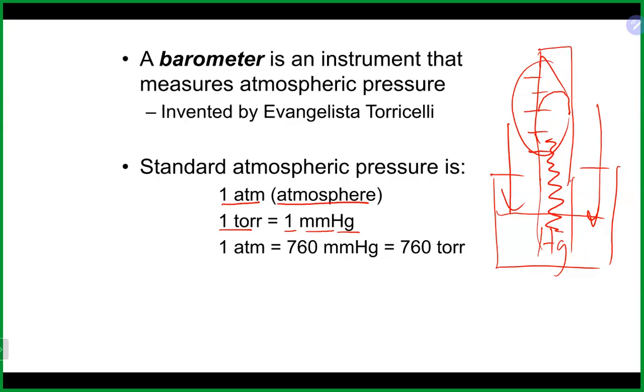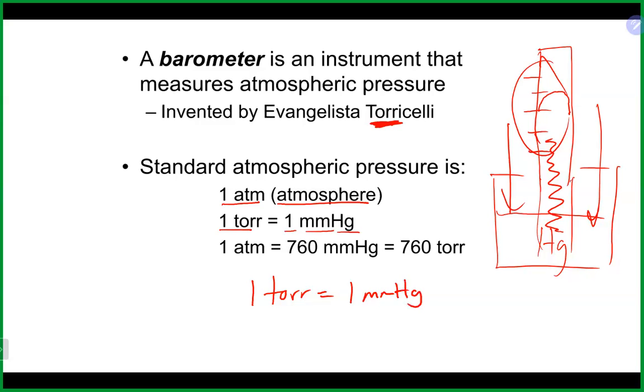A lot of times it's in inches, centimeters, or millimeters, so millimeters is what's used here. A torr, I'm assuming, is named after the guy that invented the barometer, so we gave him his own little unit. 1 torr is the same thing as 1 millimeter of mercury.